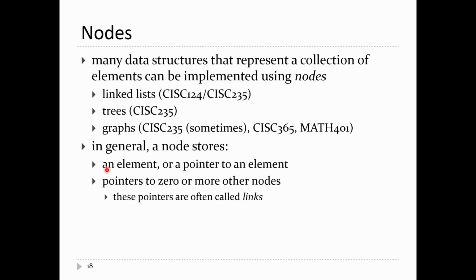So today, I want to use nodes where they directly store an element. Now, in general, a node also has pointers to 0 or more other nodes. So you've got a structure called node. Inside that structure is a pointer to 0 or more other nodes. And these pointers are called links.